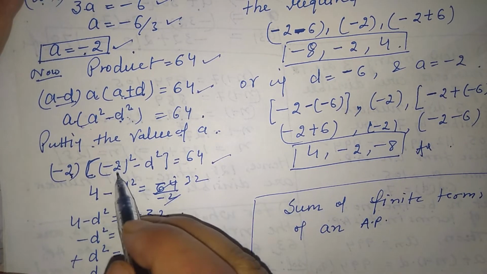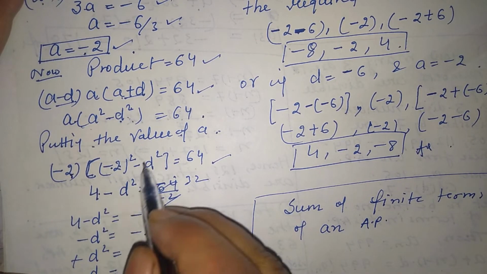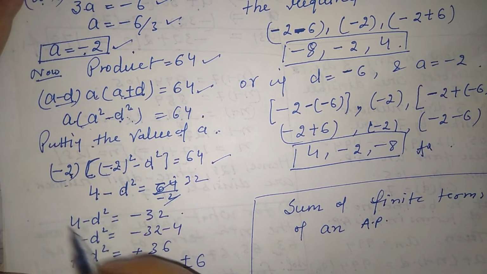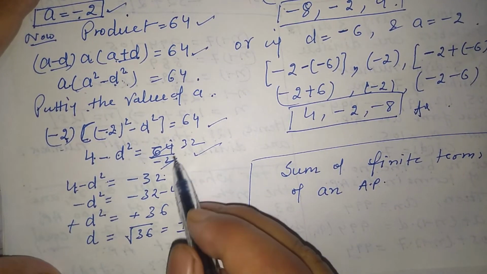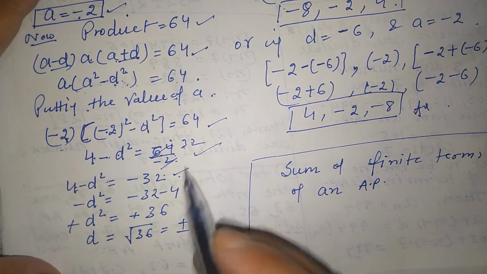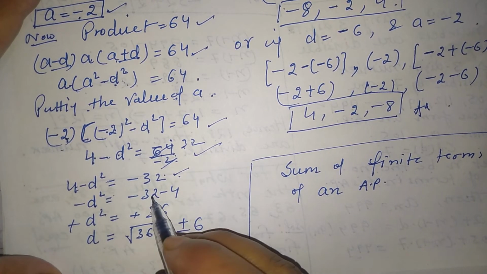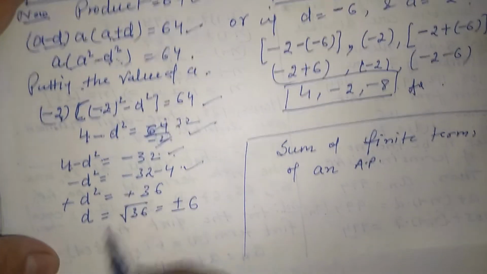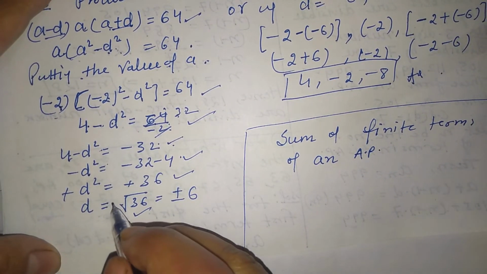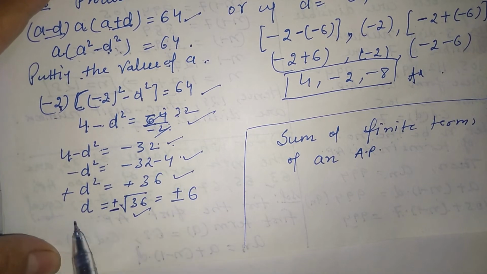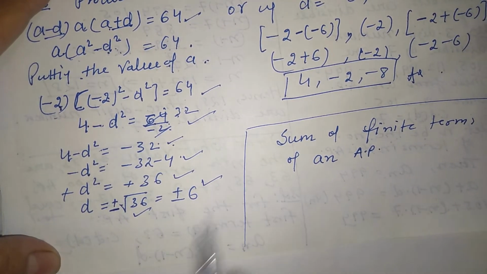It becomes minus 2 times (4 minus d square). This minus 2 will transpose to the denominator. 4 minus d square is equal to minus 32. So minus d square is minus 36, as 4 will also transpose. The minus will cancel out. d will be under root 36. So when we have the under root, at that time we have 2 values, plus minus 6.